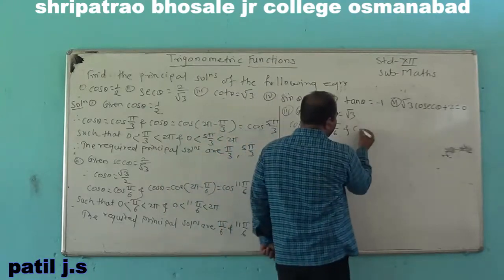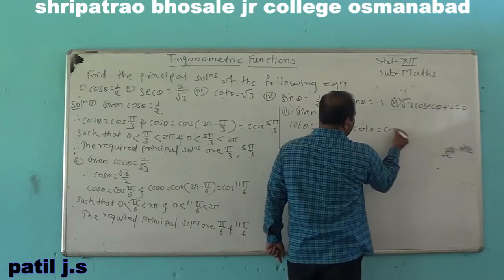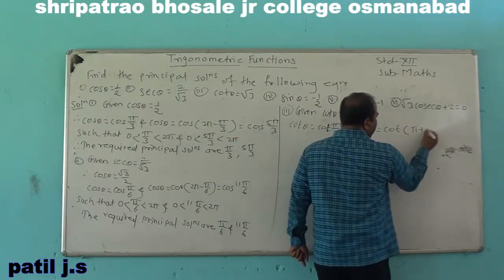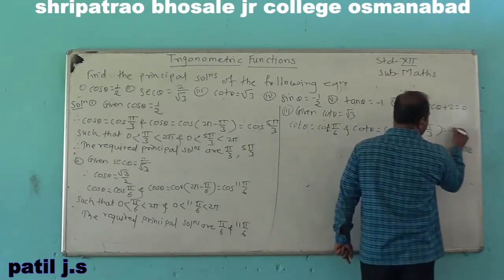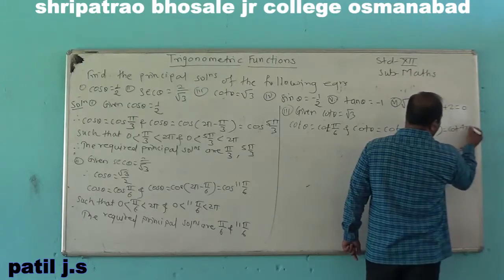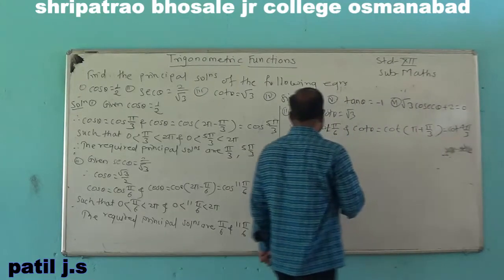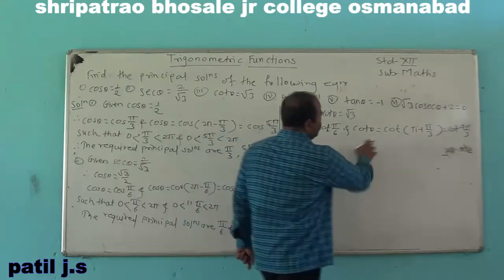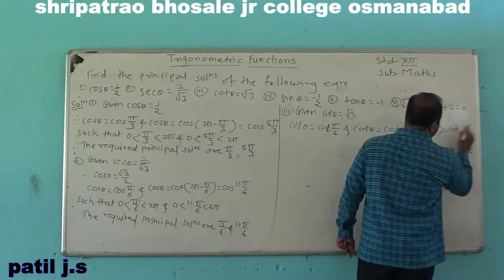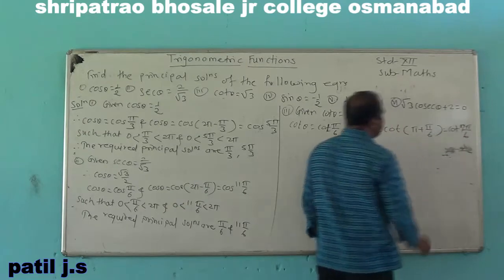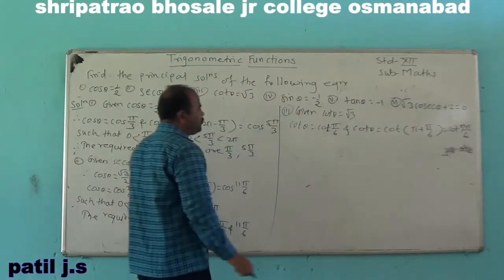That means cot theta is equal to cot(pi plus pi by 6), which is cot 7 pi by 6.